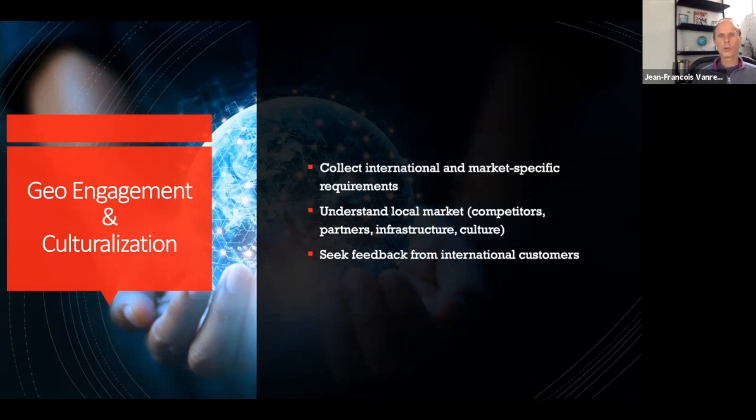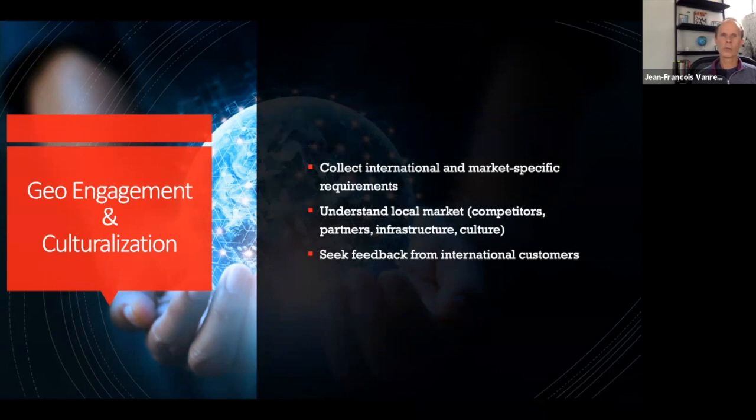Also, you want to understand the local market. For example, who are the competitors? What are their strengths? What are the features maybe that you can bring in or learn from those local competitors, and that you can bring in more at the global level for your product as a whole.